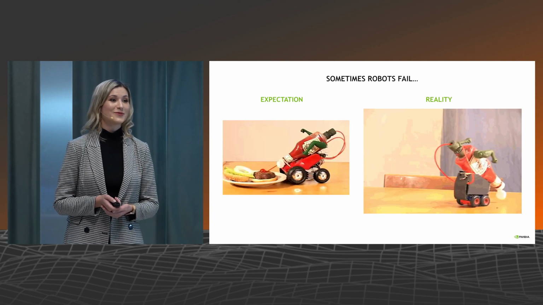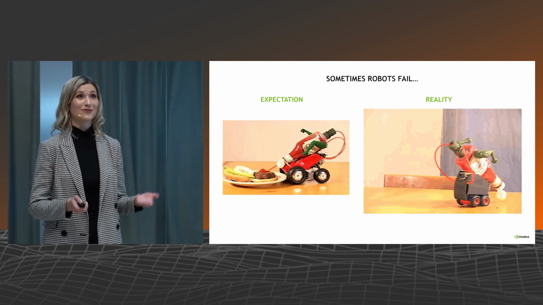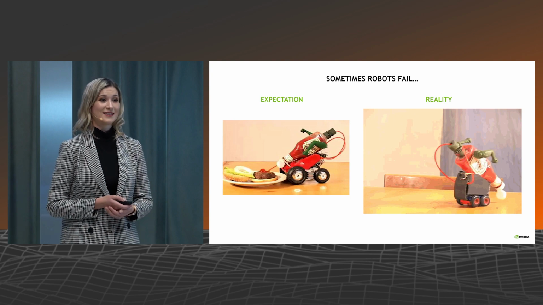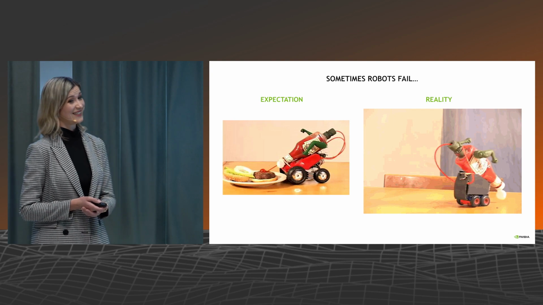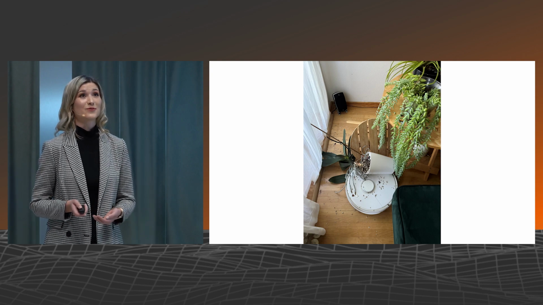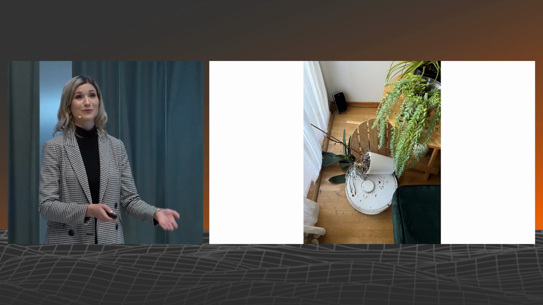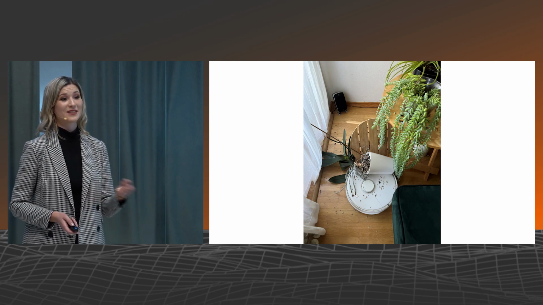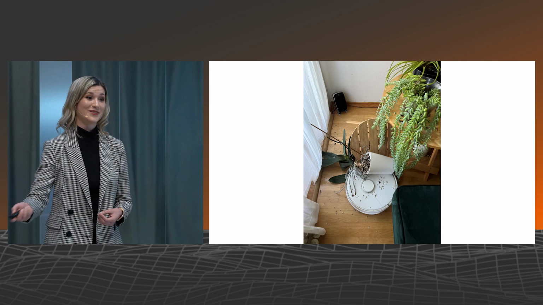Oh, here's my favorite one, a robot to serve you ketchup. What can possibly go wrong? And this one is especially painful for me because it's my own vacuum cleaning robot. Happened a couple of weeks ago. Really painful when they fail.